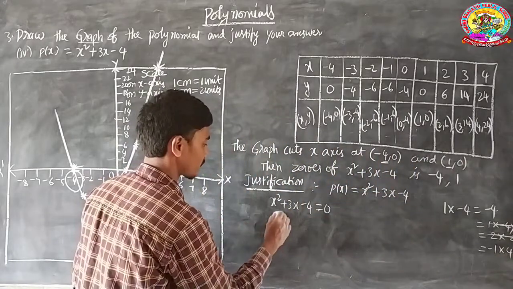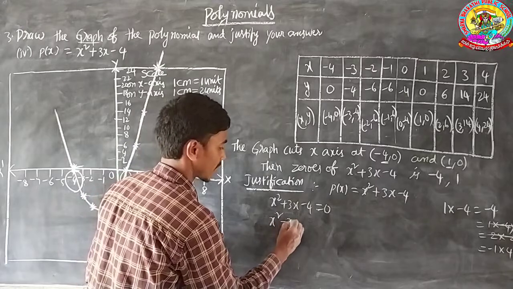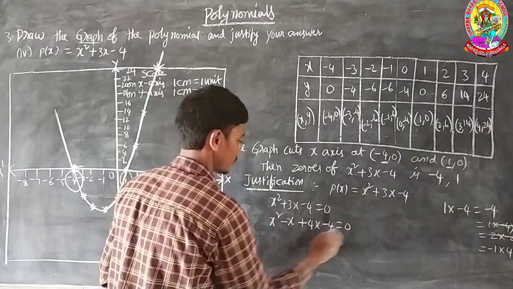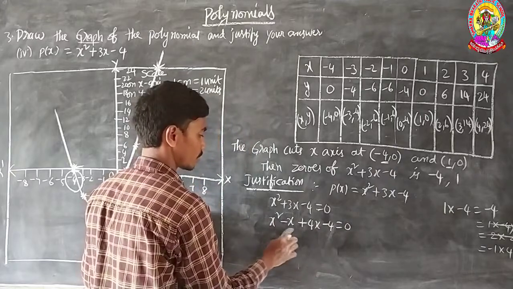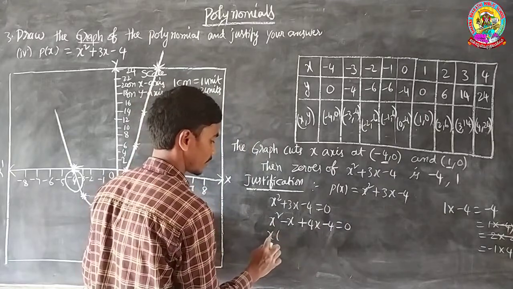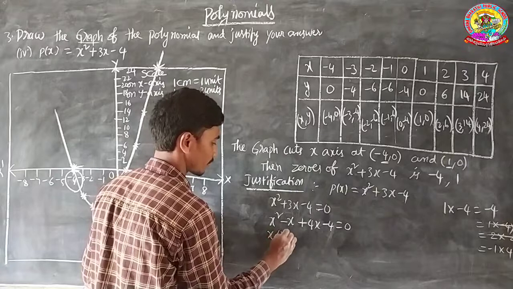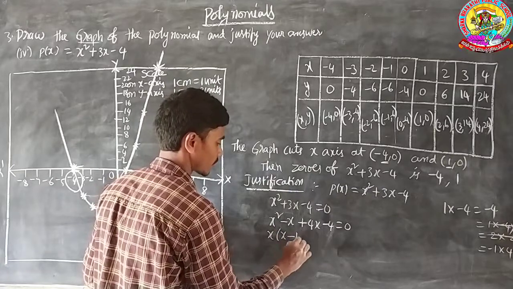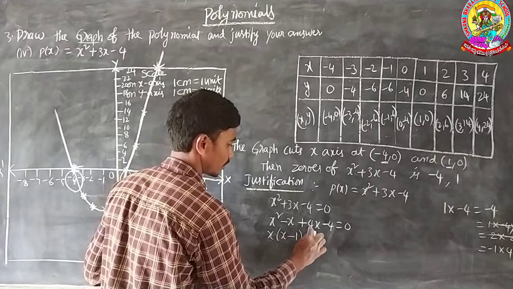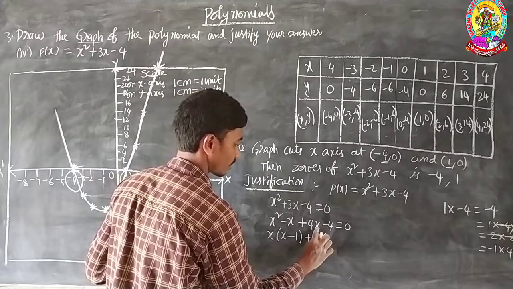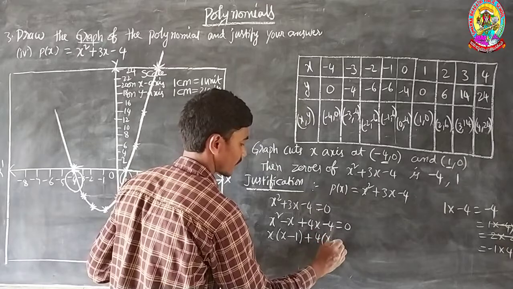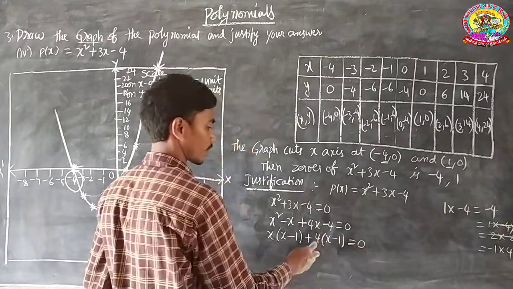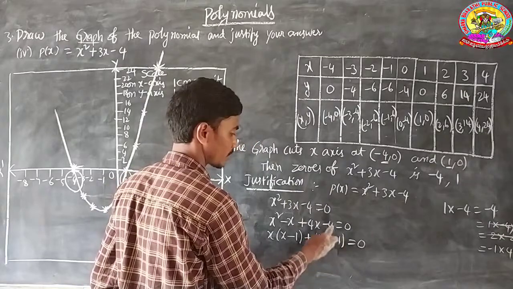So x square minus x plus 4x minus 4 is equal to 0. From these two terms you can take x as a common factor. If you take x as common, the remaining term is x minus 1. If you take 4, the left term is x minus 1, because 4 into x is 4x and 4 into -1 is -4.